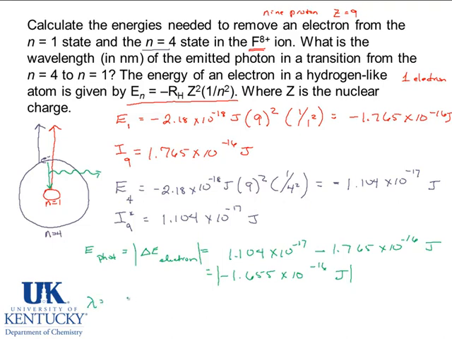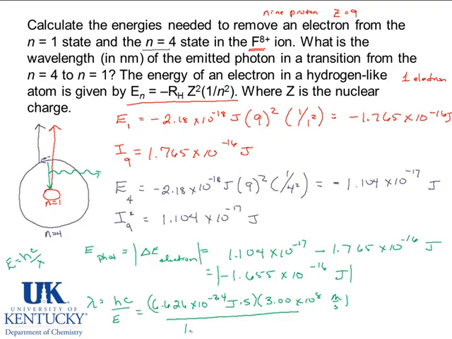So the wavelength equals, and if we look back at previous problems that we worked, I'll do it off to the side here, we know that E equals hc over lambda. So lambda equals hc over E. We can plug all of our values in. 6.626 times 10 to the minus 34 joules times seconds, times the speed of light, 3 times 10 to the 8th meters per second, divided by the energy of the photon, which is 1.655 times 10 to the minus 16 joules.